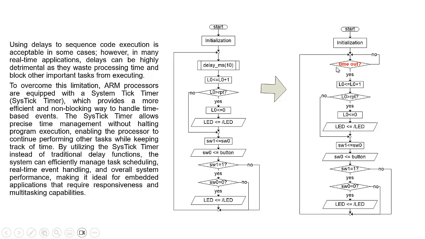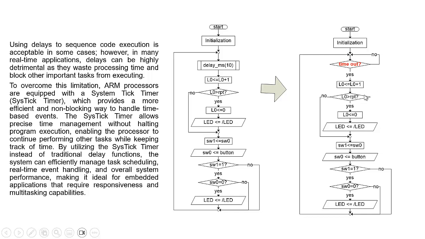But whenever we use the SysTick, the processor time can be used for other things. Assume this is executed in, say, 1 millisecond, and the timeout is at 10 milliseconds.